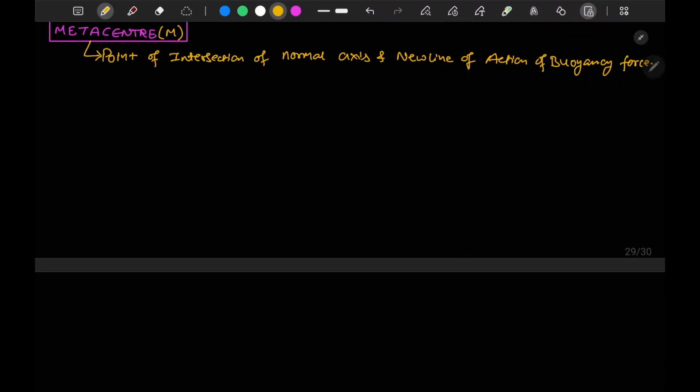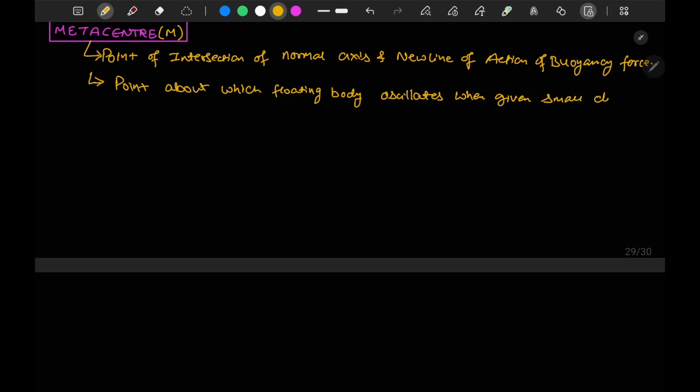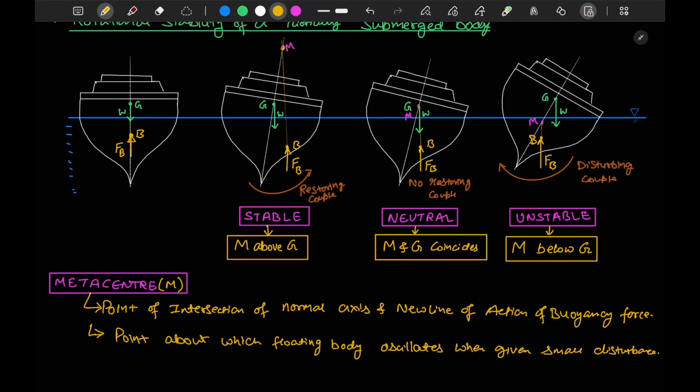Now, this metacenter is also the point about which a floating body oscillates when given a small disturbance, an angular disturbance. So this metacenter is the point about which your floating body will oscillate.